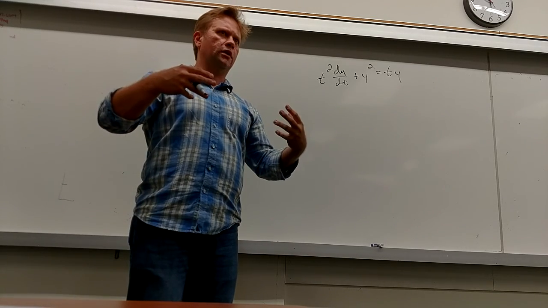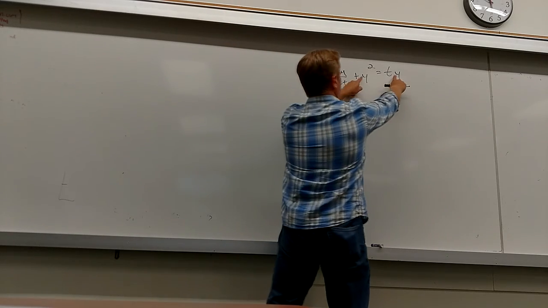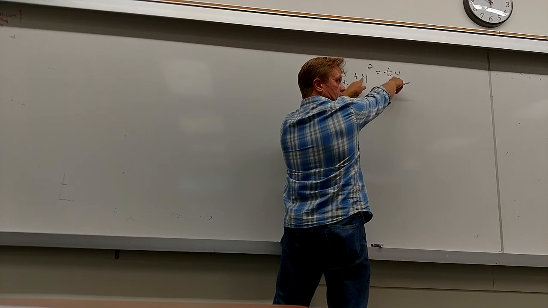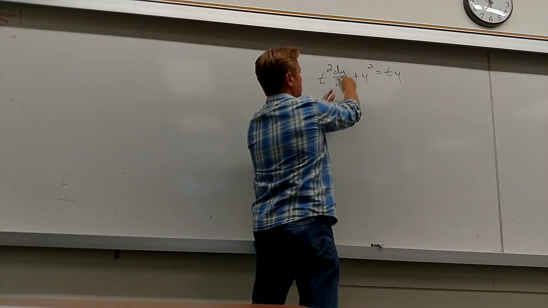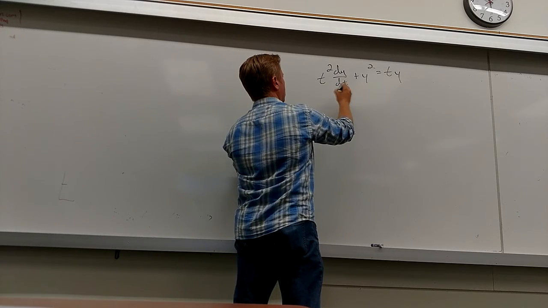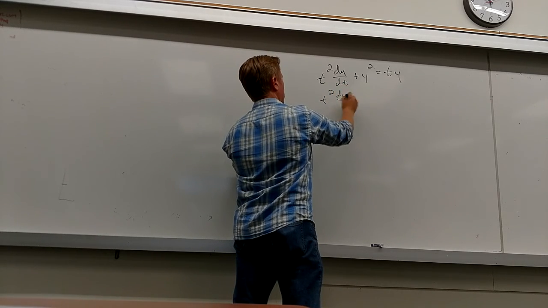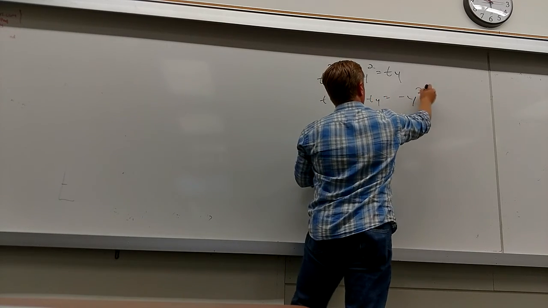I mean, there's a little bit of cleanup I've got to do, right? Subtract the dy dt over to that. Yeah, these have to switch, right? Because this should be the p of t in this case times y. So let's see if we can do that. t squared dy dt minus ty equals negative y squared.